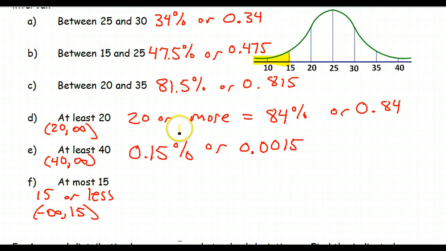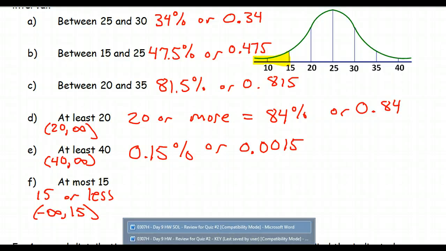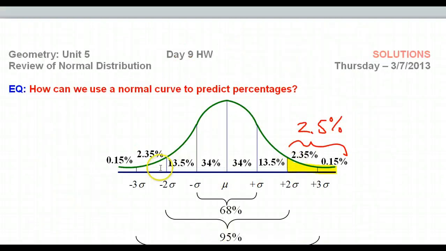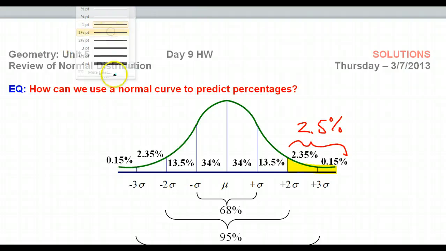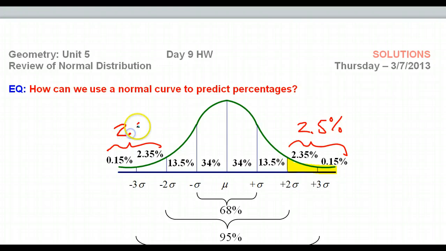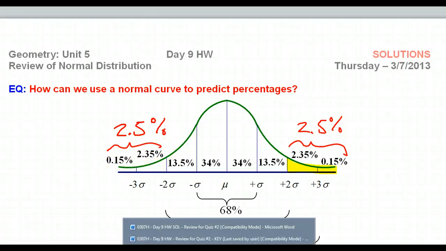All right, so what percentage is that? Well, we've pretty much memorized it by now. We are dealing with these last 2 intervals over here, the 2.35 and the 0.15. If we add those 2 together, we always get 2.5. So you might have accidentally memorized that by now. So the bottom 2 intervals make 2.5%.